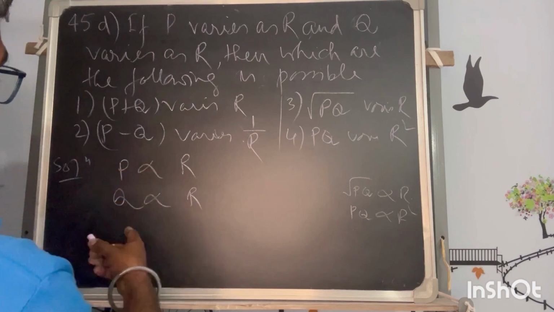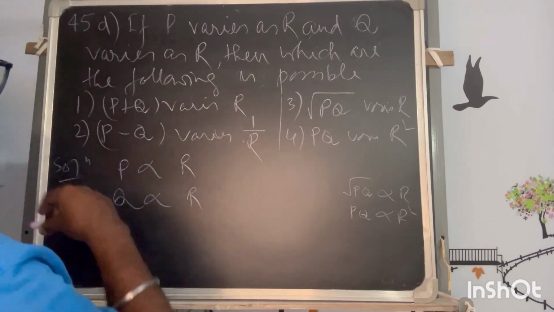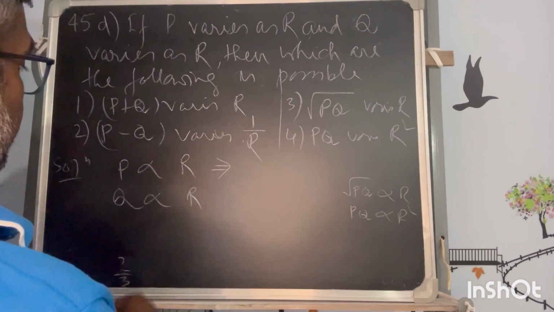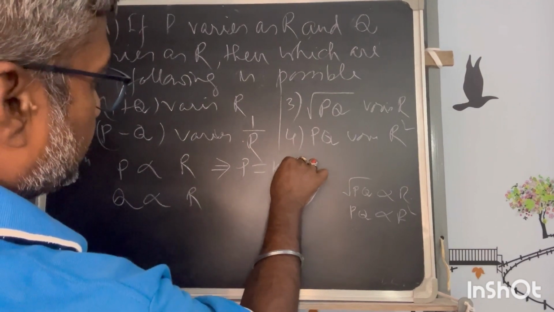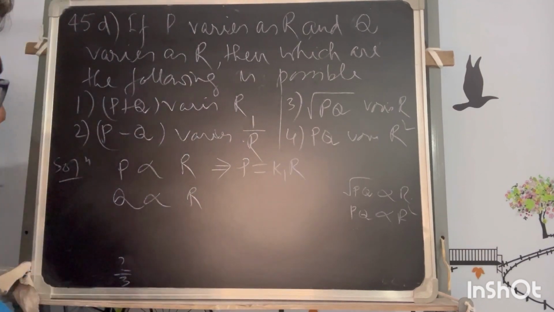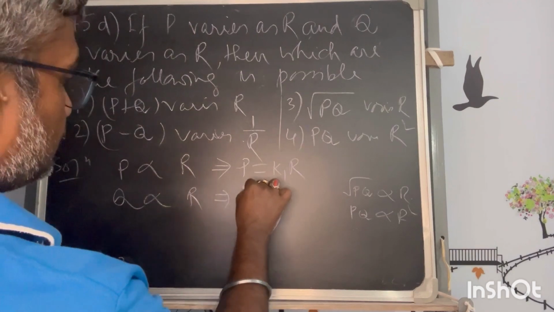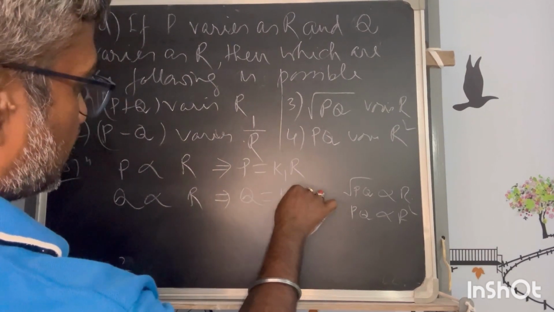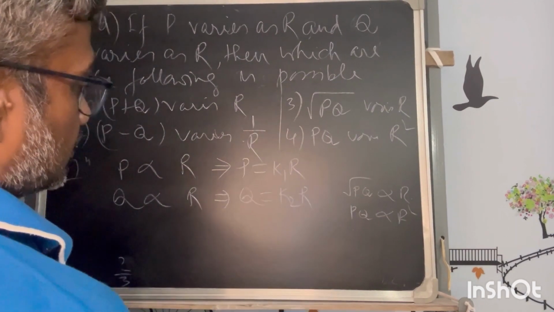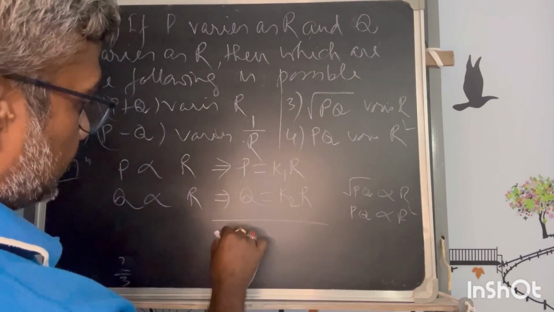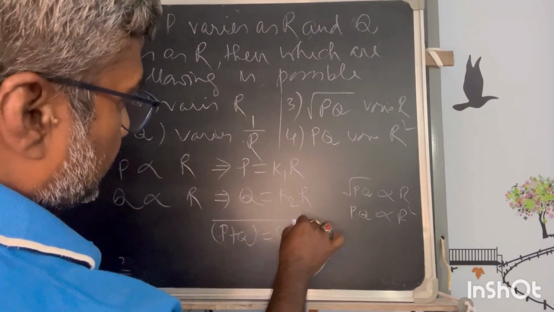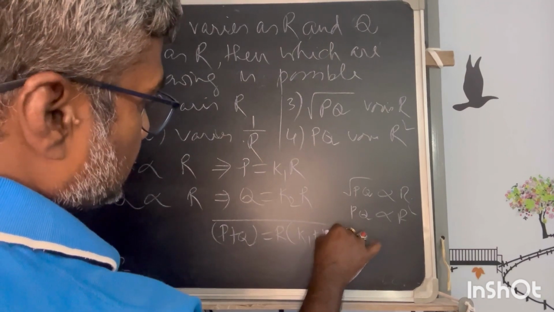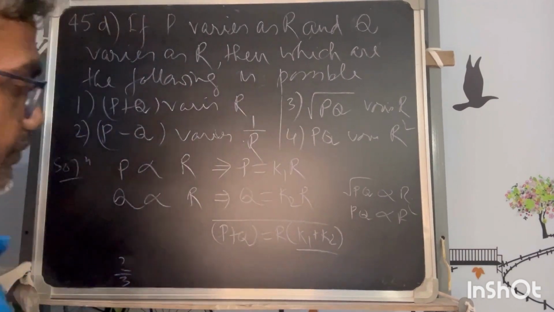But from these two, what does this imply? P could be a constant K1 times R, and Q, if it is constant, I can take another constant K2 times R. Now from these two, if I add P plus Q, R can be taken common and K1 plus K2 is another constant.